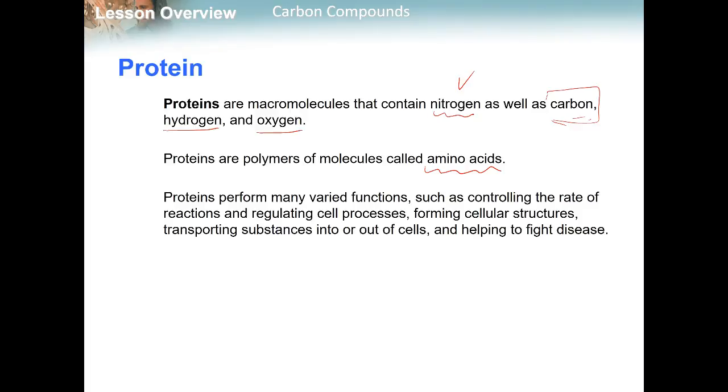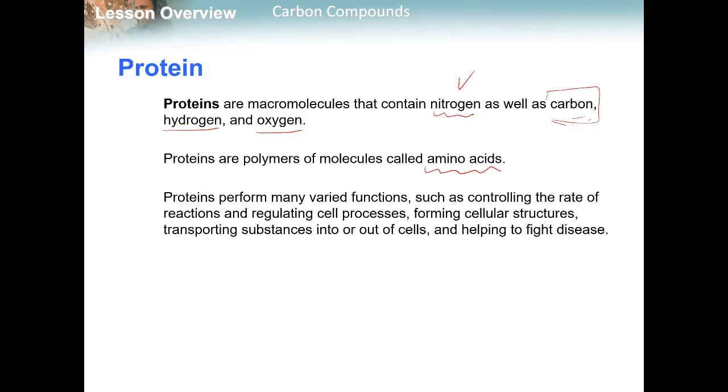Okay? So the idea for proteins is we've got lots of different jobs that proteins do. One of them is controlling the rate of reactions. We're going to see this in a lab. We've got specialized enzymes that we'll be talking about at the end of this chapter. And enzymes help cellular activities go on. A lot of cellular activities require heat, and we know that heat is deadly to living systems.